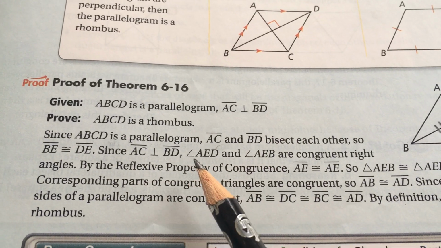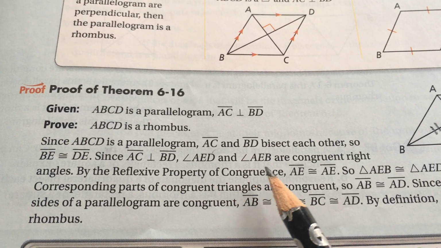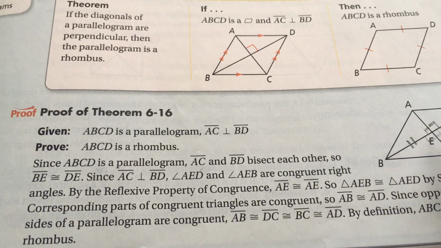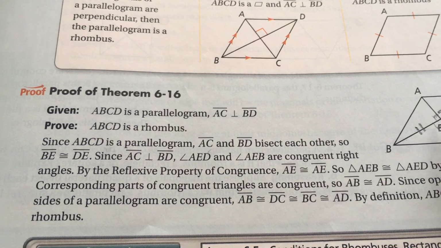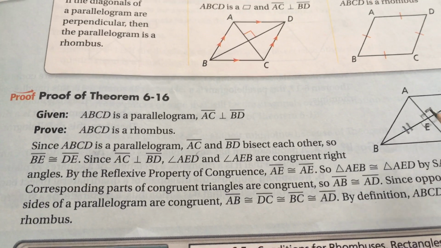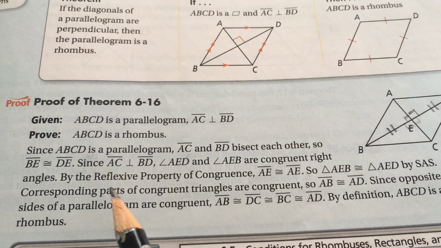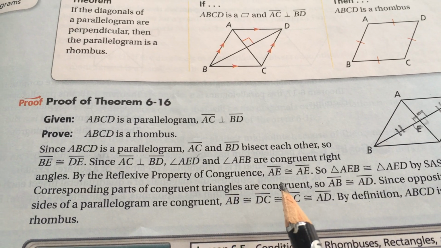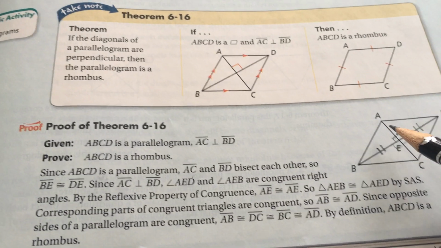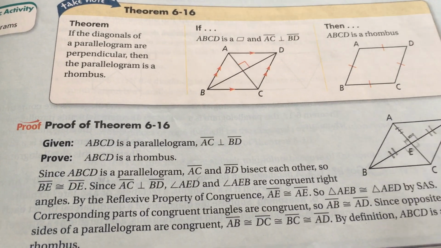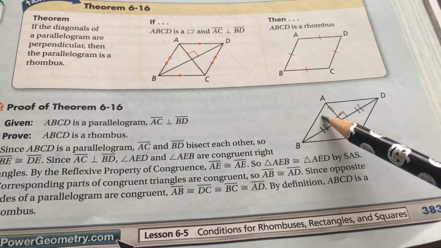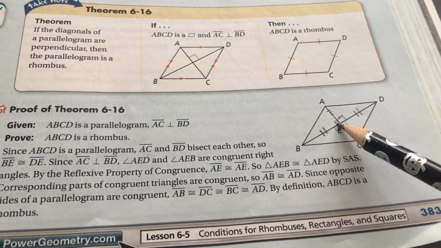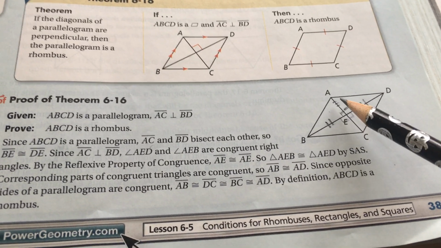Since they told us that, angles AED and AEB will be congruent right angles. And you also know by the reflexive property that AE will be congruent to AE. So these two triangles are going to be congruent by side, angle, side.